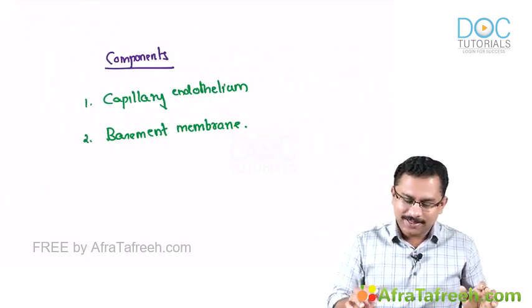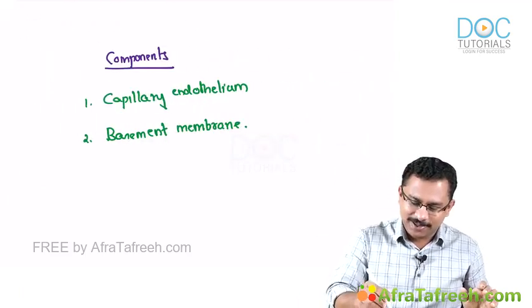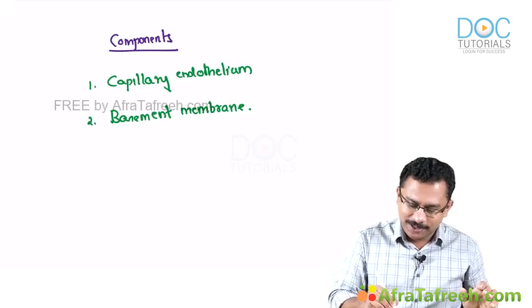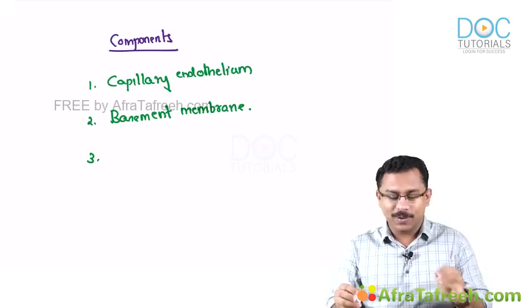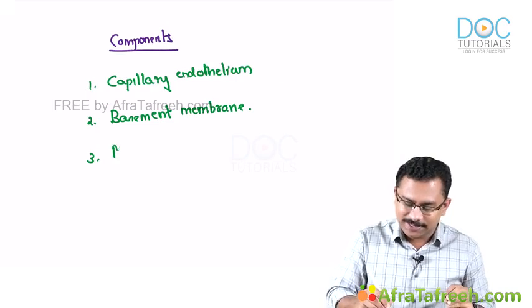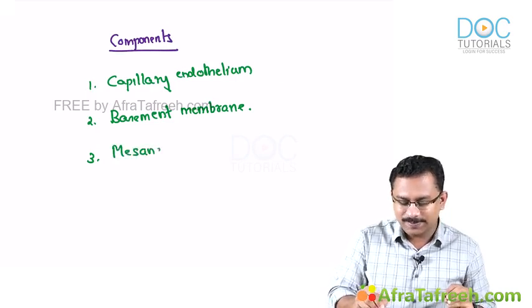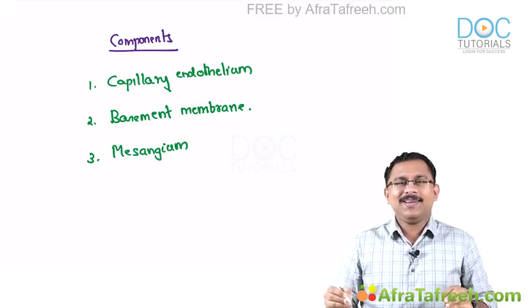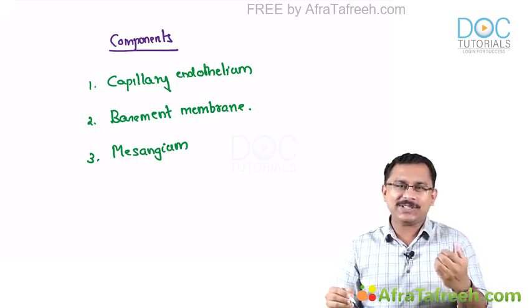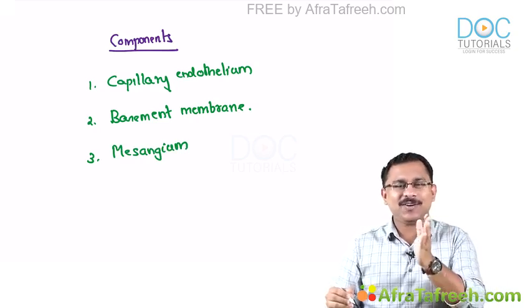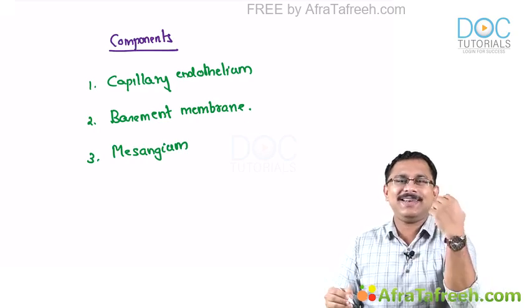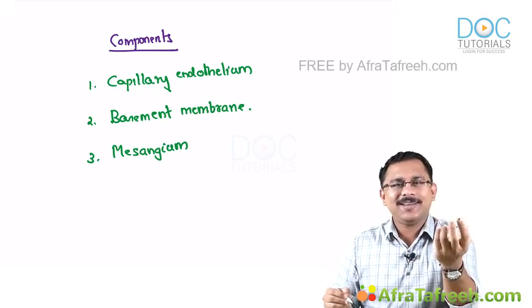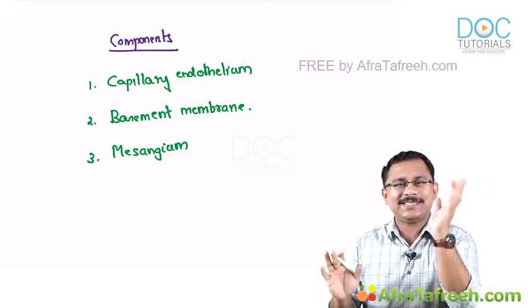Okay, and the third component of the glomerulus is the mesangium. The foot processes of the podocytes, which are a component of the filtration barrier, are a component of what? The visceral layer of the Bowman's capsule.